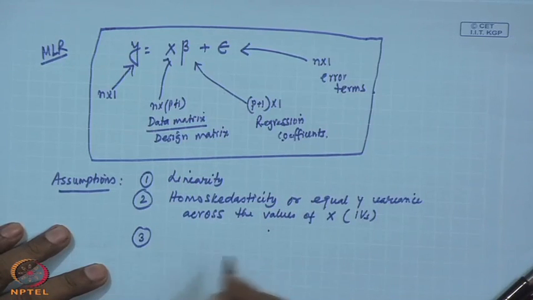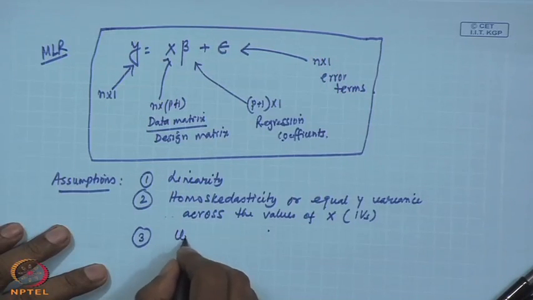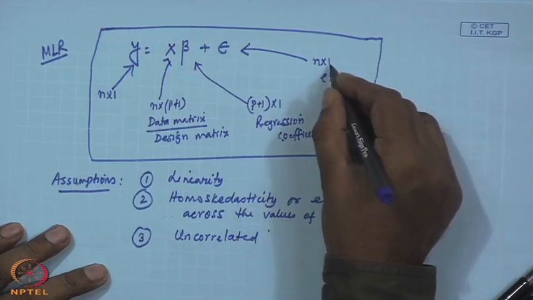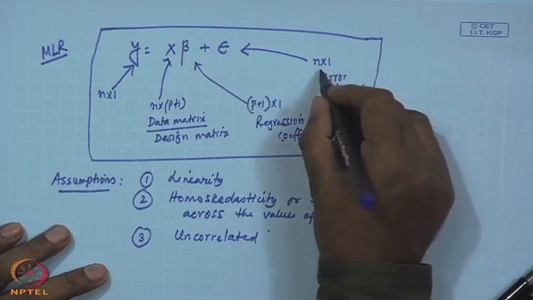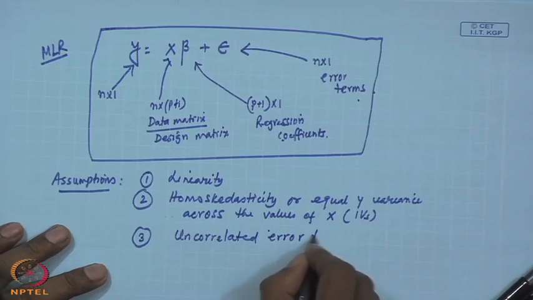Then the third one is, we have seen that the error term is there, so the error terms will be uncorrelated. That means there are n cross 1 errors, this vector, and these will not be correlated, uncorrelated error terms.